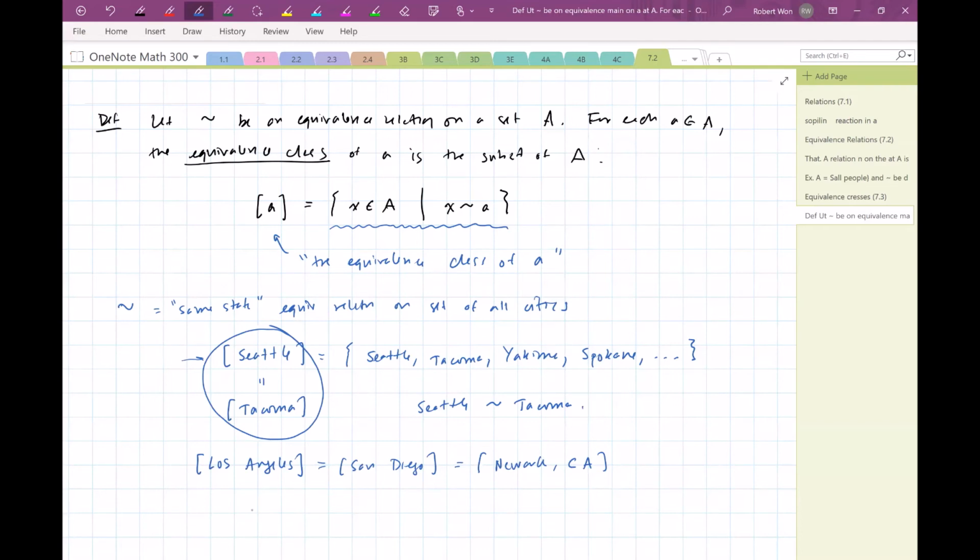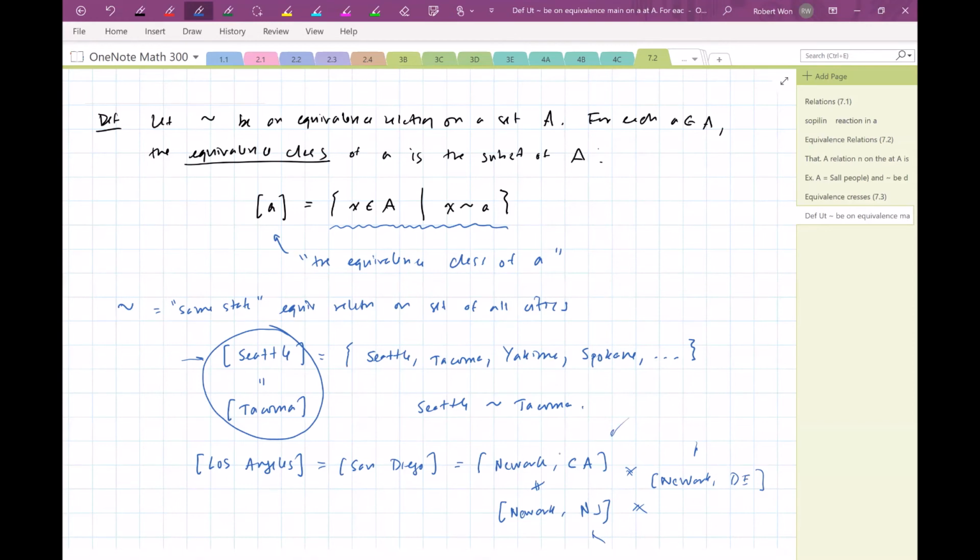But I just like this because I'm from New Jersey. This is not the same thing as the equivalence class of Newark, New Jersey, and neither of these are the same as the equivalence class of Newark, Delaware. These are three different equivalence classes. One of them is all the cities in California. One is all the cities in Delaware. One is all the cities in my home state of New Jersey.